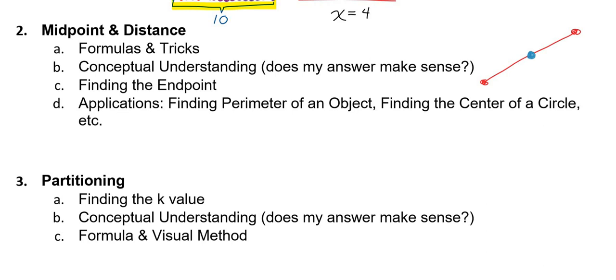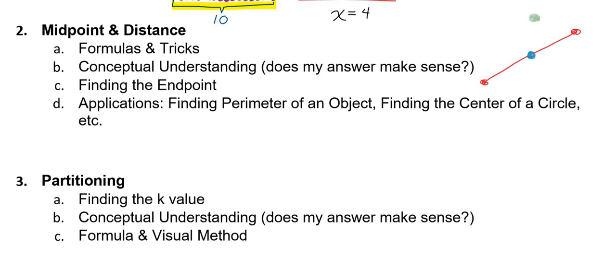If I got an answer for my midpoint and it was not on the line whatsoever, I would have to have that conceptual understanding that says, that doesn't make sense. If it's a middle point, it should be in the middle of the line segment. That's what I mean by conceptual understanding. You should be able to check to see, does your answer make sense?